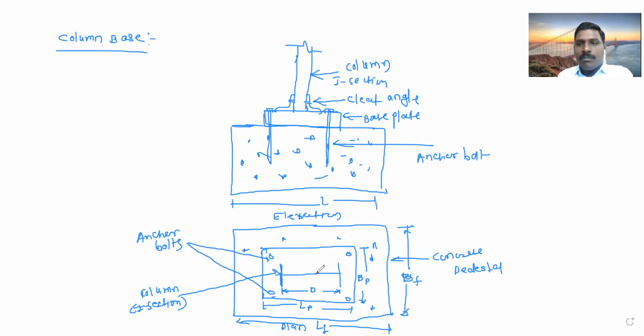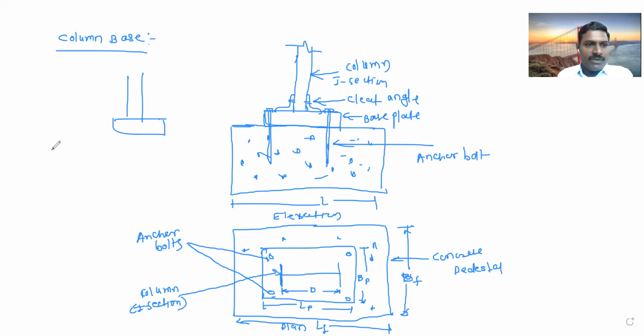Yes, sir. Column base, or base plate, is for whichever column we have designed in unit number 4, meaning what size of I section is required, that we have designed. But below the column, one plate we are providing, and that plate rests on the concrete pedestal at the foundation level. So how much thickness is required, because this column will punch into the plate.